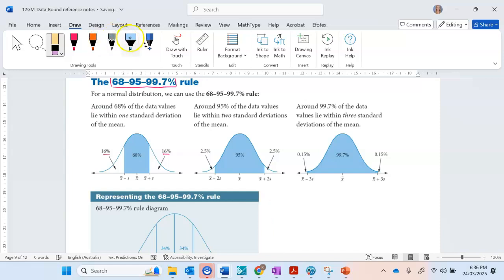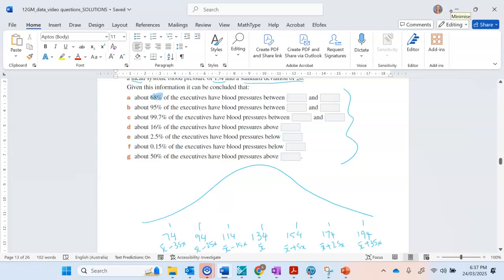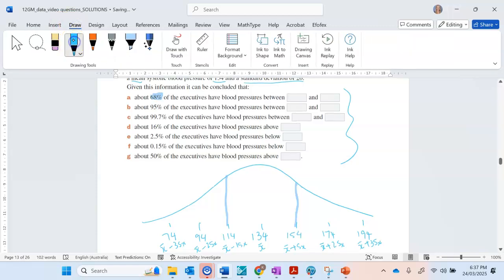All right, here's our 68%. So 68% is 1 standard deviation below to 1 standard deviation above. So for this one here, there's 1 standard deviation below, 1 standard deviation above. So my answer is going to be 114 to 154.